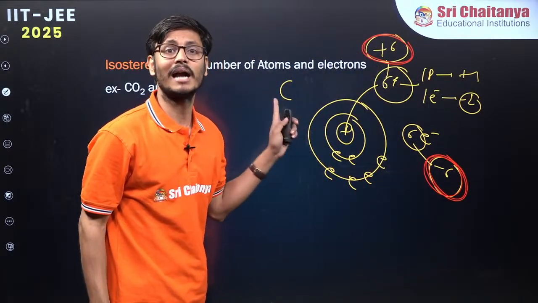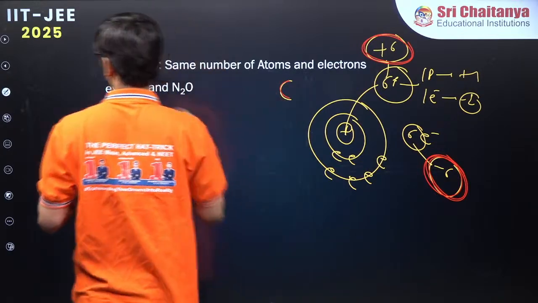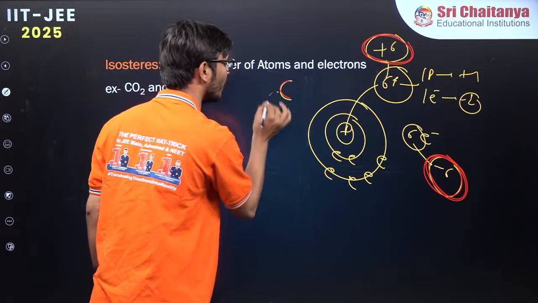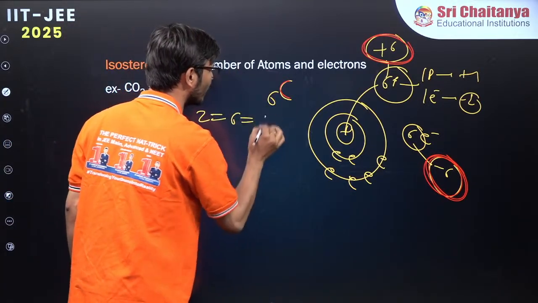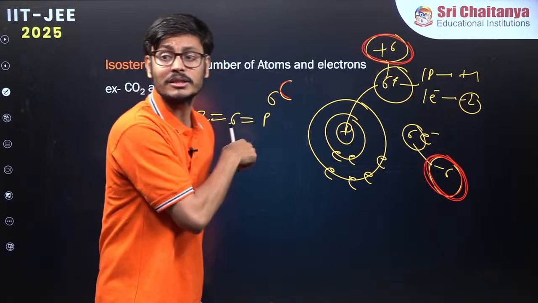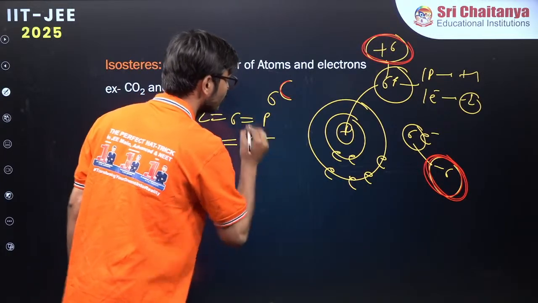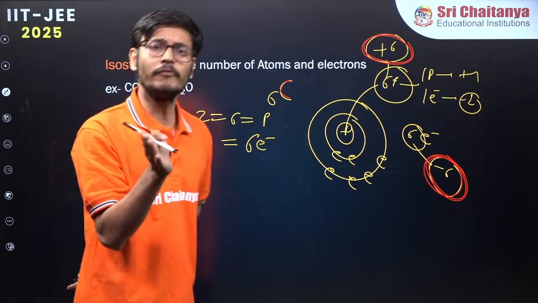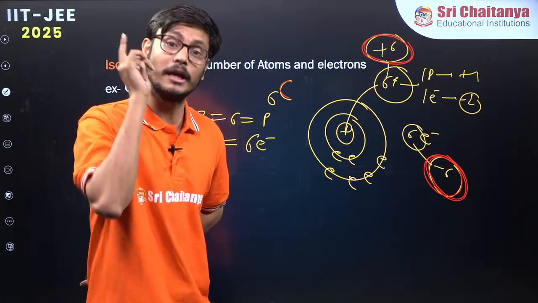So carbon is a neutral atom. Reason being, it is having same number of electron and same number of proton. So if I write atomic number 6, which is equal to number of proton, if it is electrically neutral, it should also contain 6 electron, isn't it?